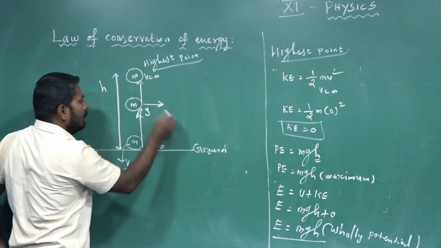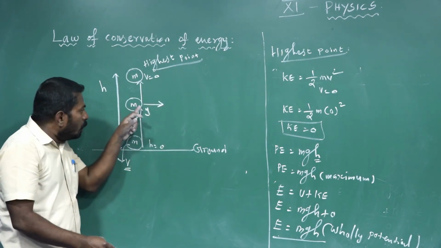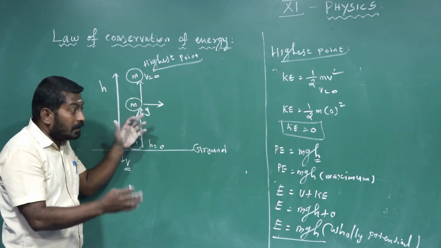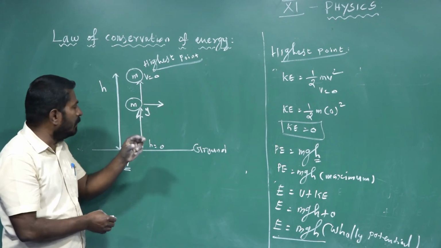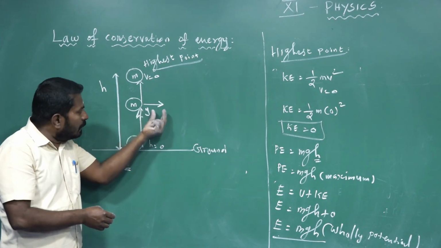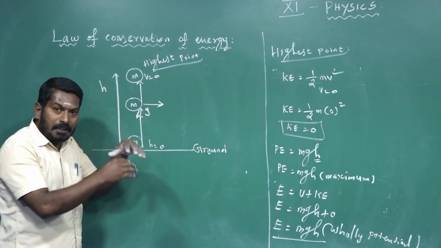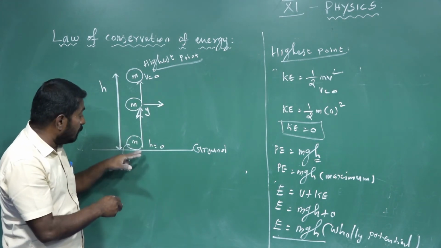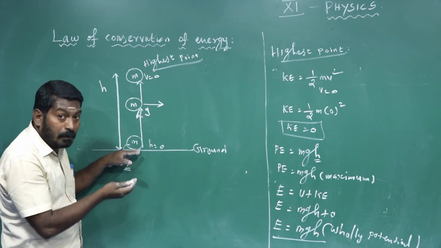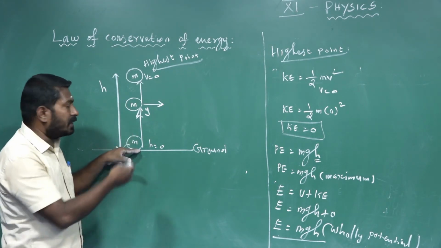See, this is the intermediate position. The total energy possessed by the body is the sum of its potential and kinetic energy at the intermediate position. Anyhow, at the intermediate position, the total energy remains constant and will not change. It is the same as when the body is thrown vertically upward from the surface of the ground.